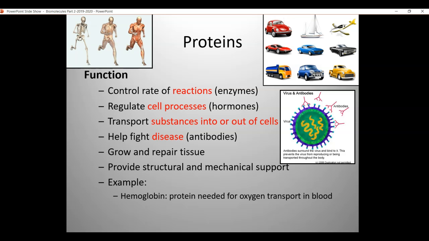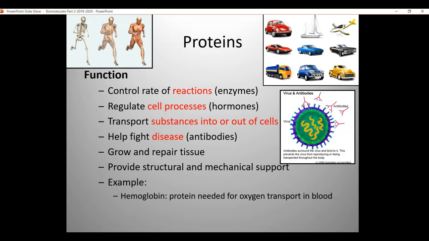All right, so the functions of proteins: control the rate of reactions, meaning enzymes. They act as catalysts, and we'll get into that in specifics just a little bit. They regulate cell processes, so hormones, so adrenaline, your fight or flight. Those are all regulated by hormones, okay?